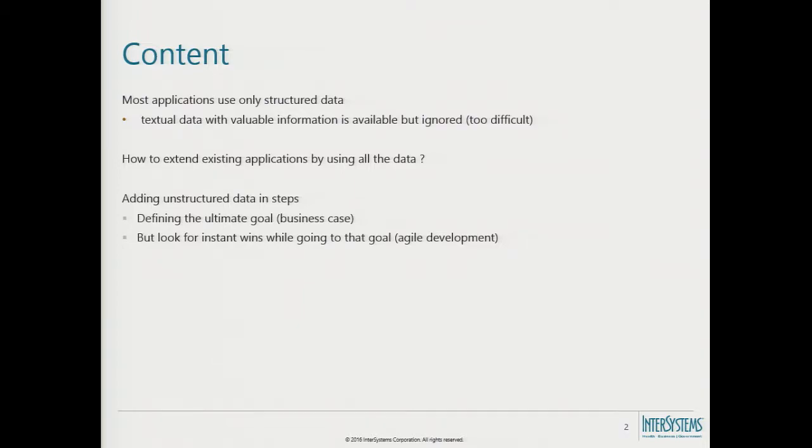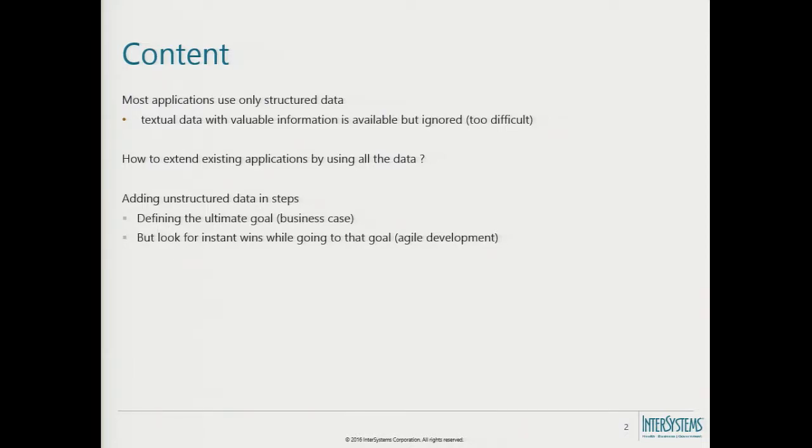So really what we see is that a lot of applications are using what we call structured data, data that's found in tables and fields, data that you can easily process and put in applications.